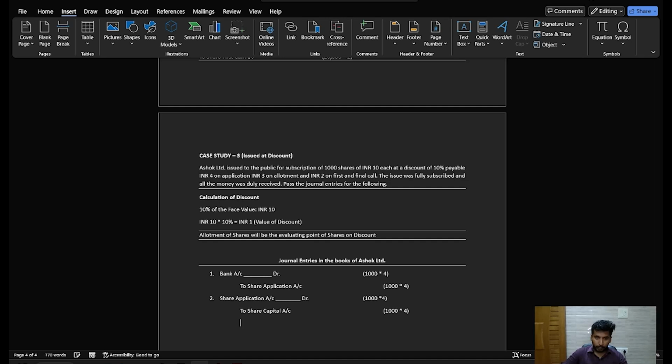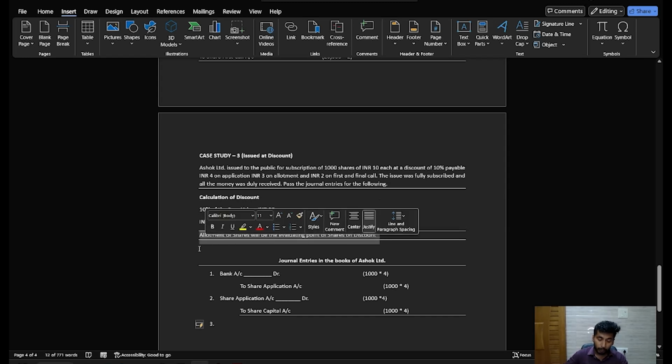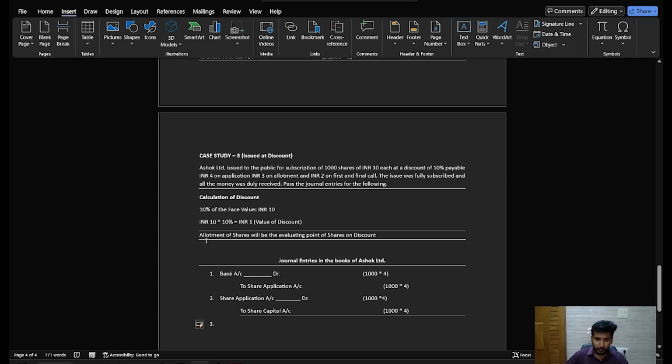Now, we'll talk about allotment. The second stage arises, which is the allotment. Since I have already told you that if it is not mentioned whether the discount is given at application, allotment or call money, we will assume that the allotment of shares is the point where the discount has been given.